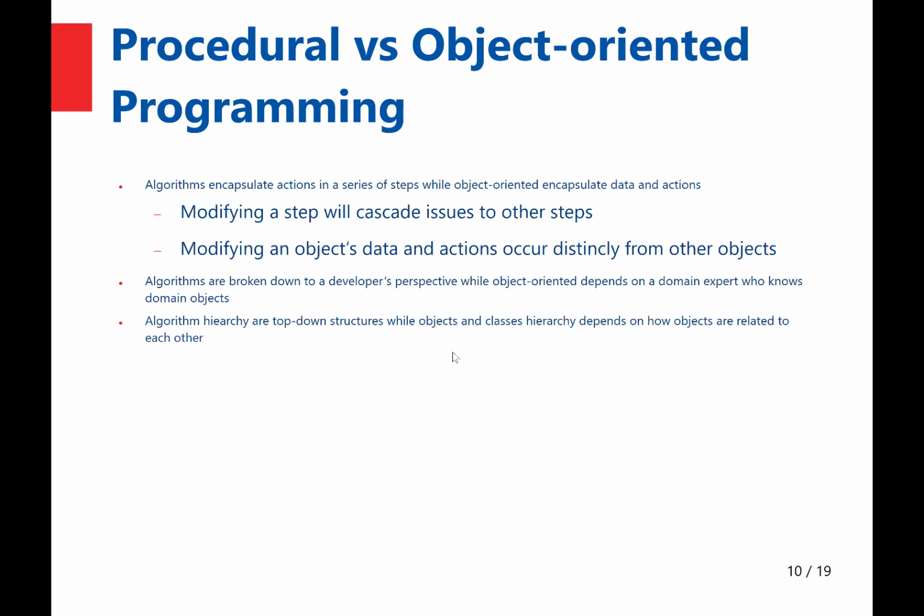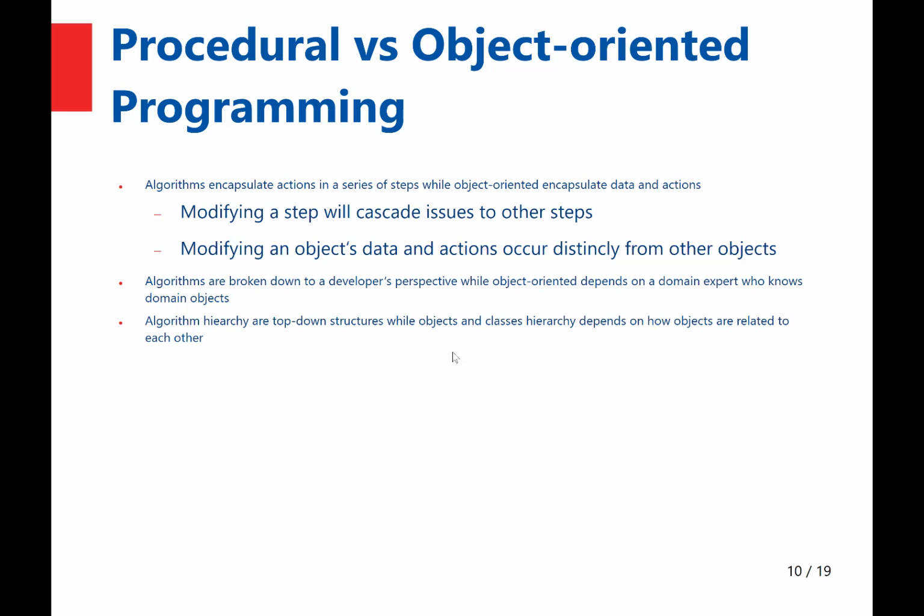Now, procedural versus object-oriented programming. The first half of the semester, we've focused exclusively on procedural programming. We've skipped any section that has to do with object-oriented programming. And I've also told students that object-oriented and procedural programming are not the same.